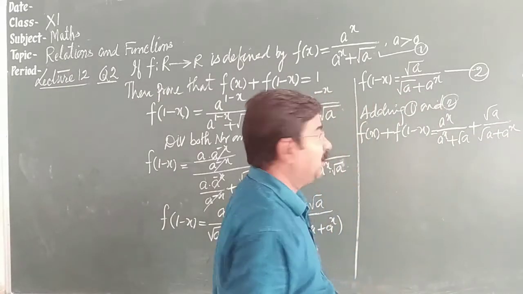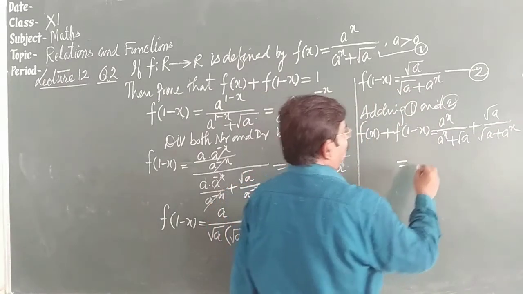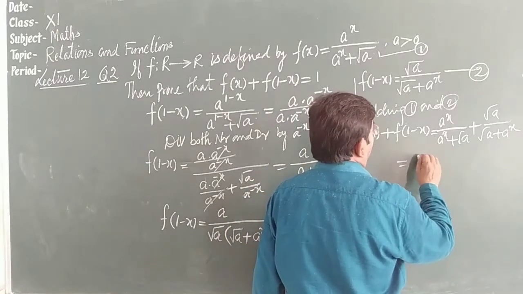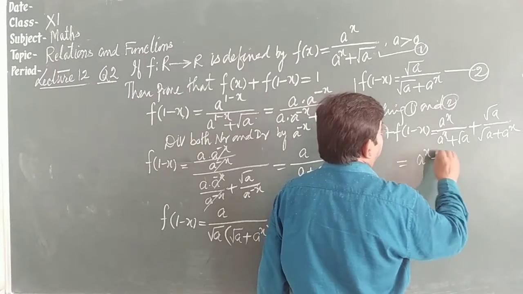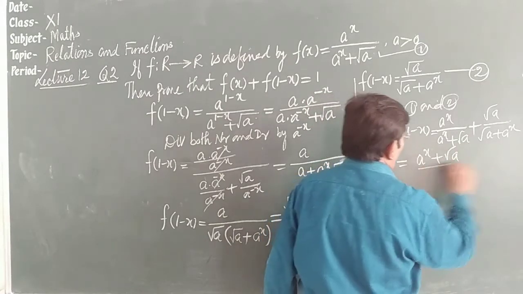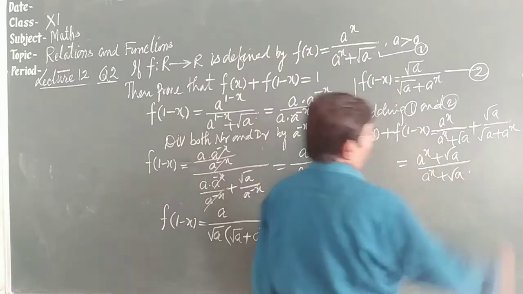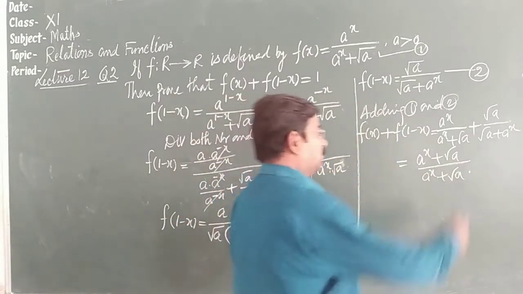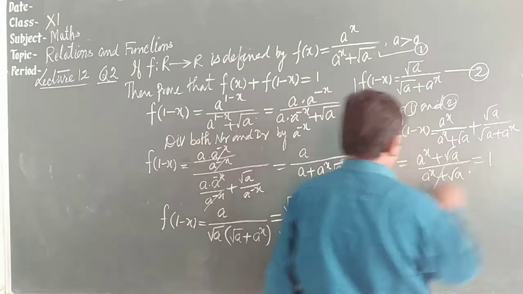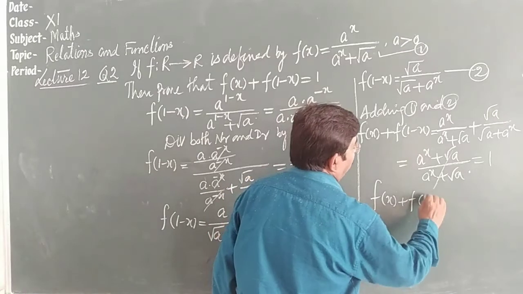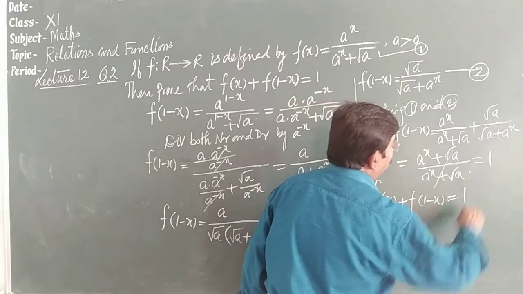The denominator is the same, so when we add, we have a to the power x plus under root a upon a to the power x plus under root a. This will go, and it is equal to 1. So f(x) plus f(1 minus x) is equal to 1.